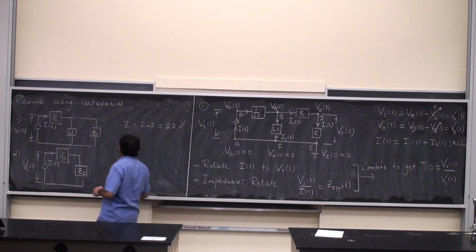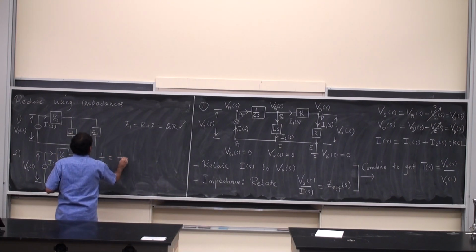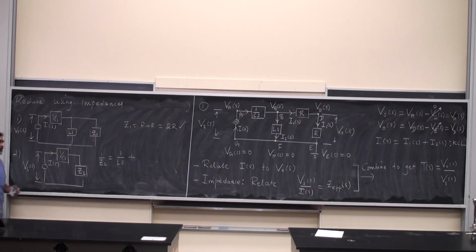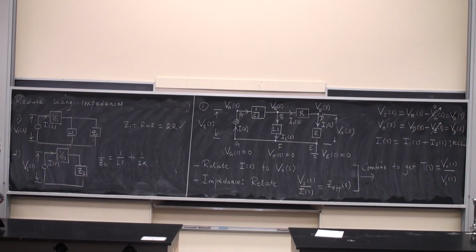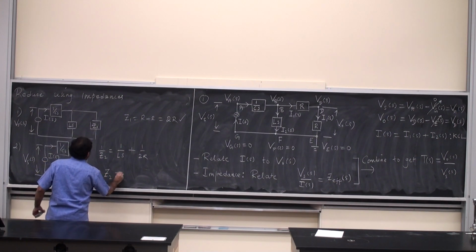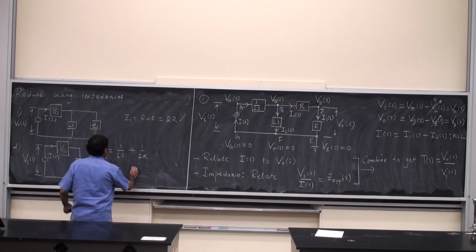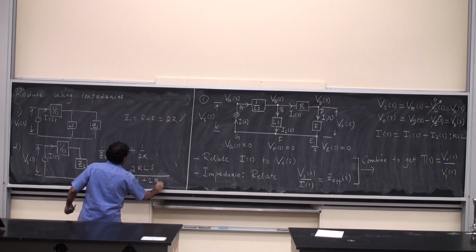So 1 by Z2 is 1 by Ls and 1 by Z1, which is 1 by 2 times R. Simplify and flip everything. Z2 is going to give me 2 RLS over LS plus 2R.